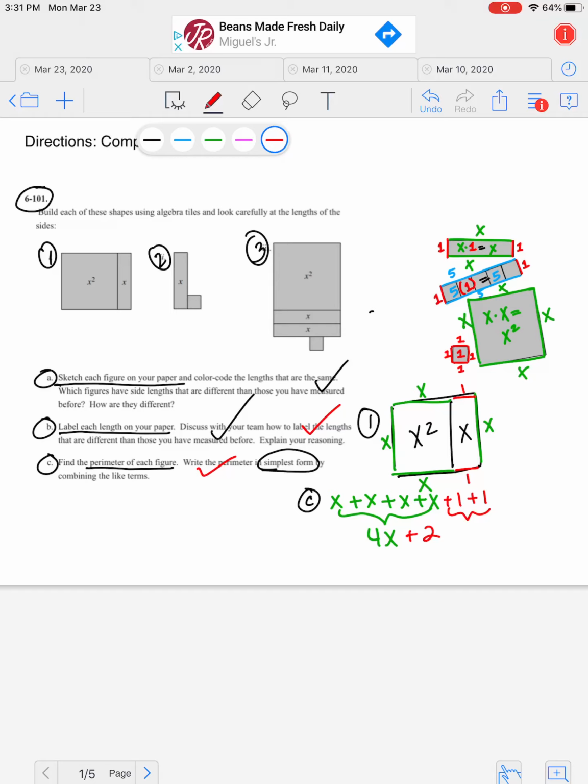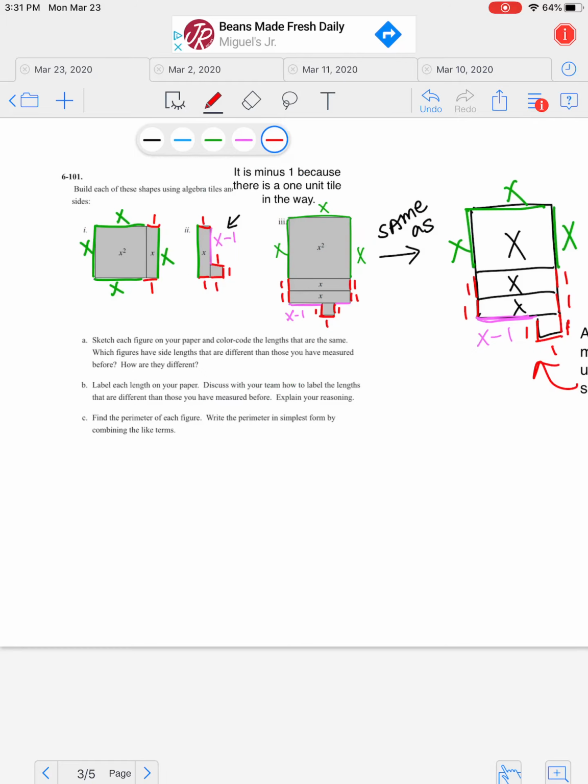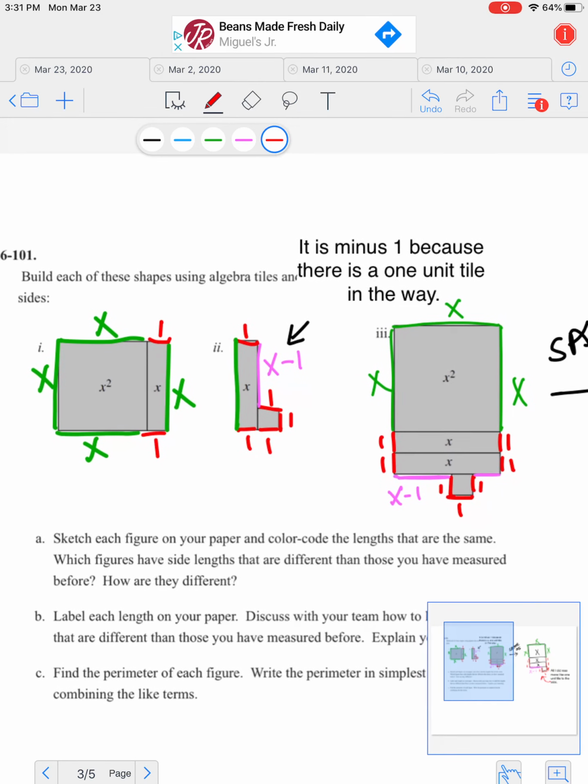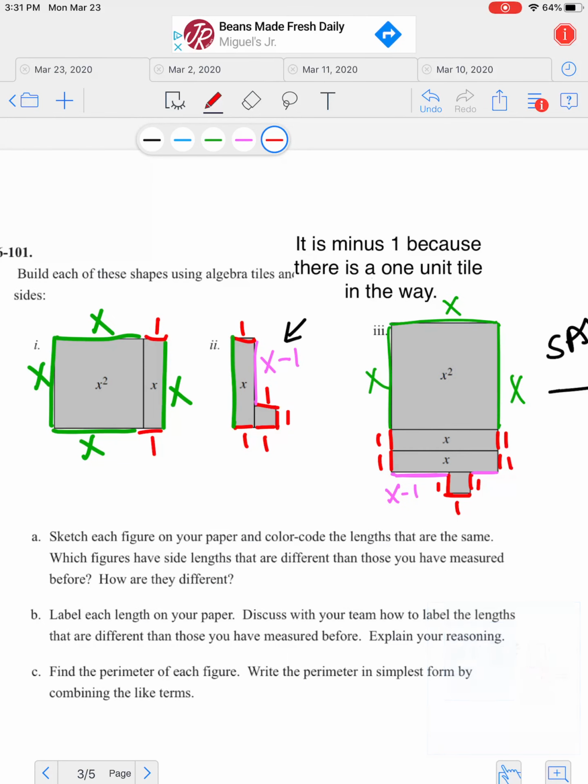And then at the end, or in a couple of minutes, I will let you take a look at the answers. So this is what I have so far. Take a look at it.